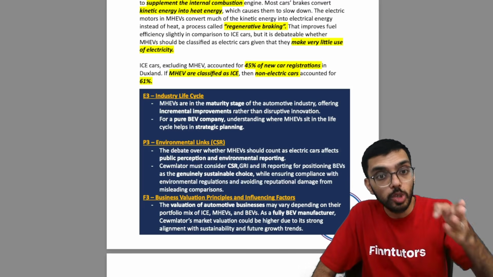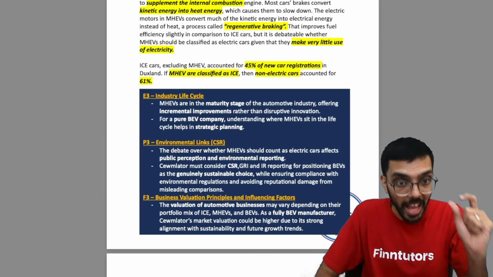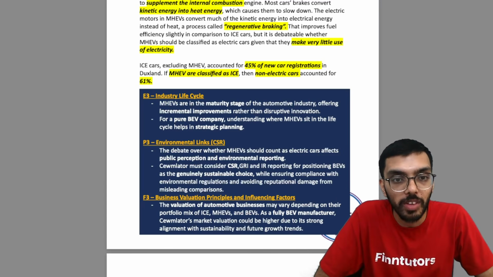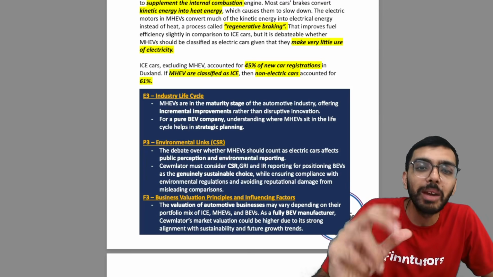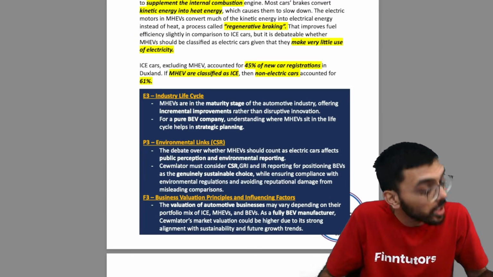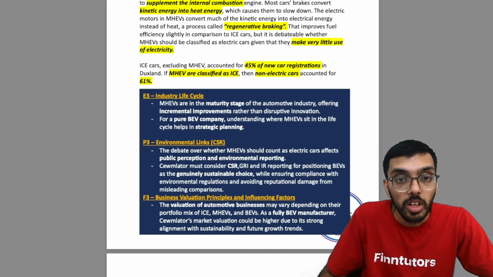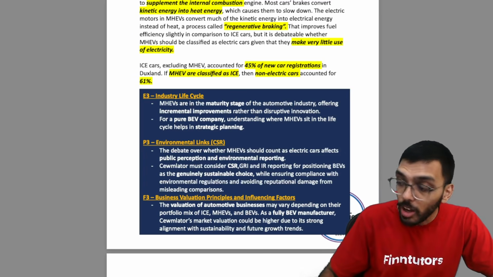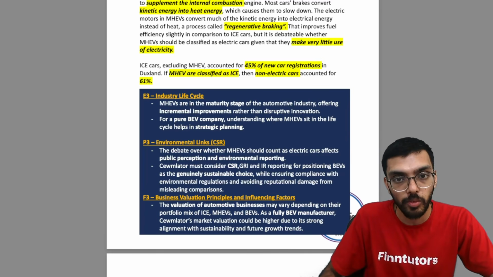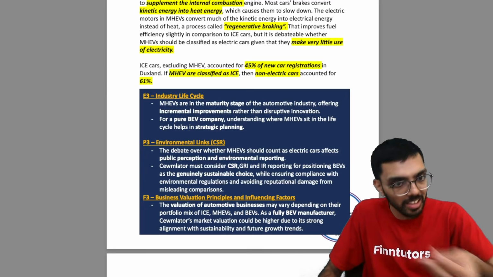So eventually you can see that MHEVs are in the maturity stage of the automotive industry, offering only incremental improvements rather than a completely disruptive innovation, even though the technology is new. The MHEVs are almost on the verge of not being classified as EVs in themselves, because they use very little of the electric source.